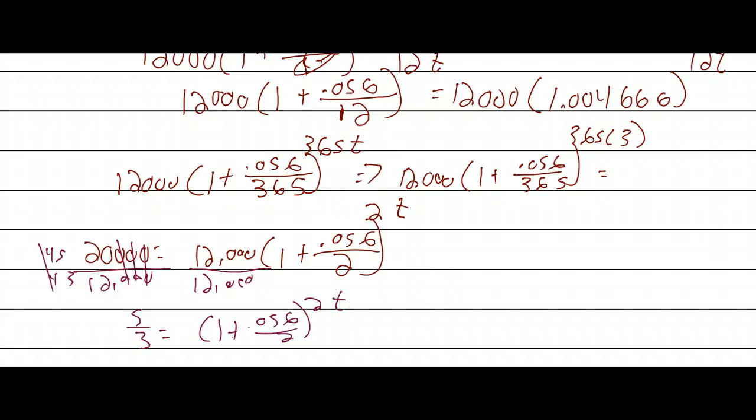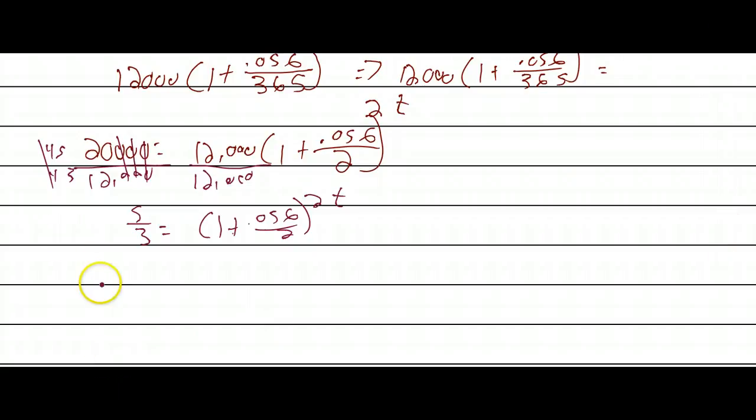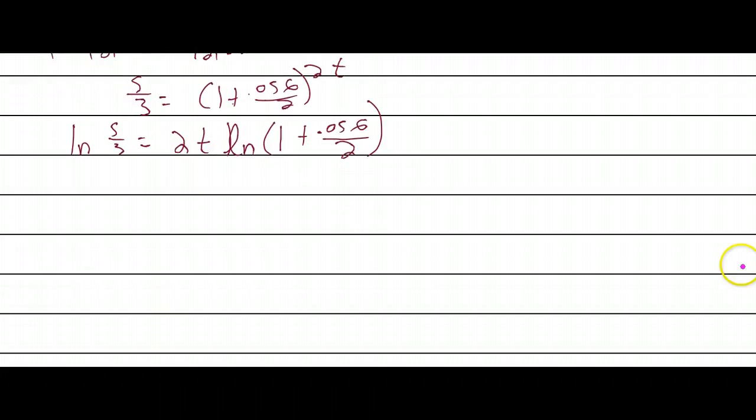Now you take the natural log of both sides. So you have the natural log of 5/3 equal to 2t times the natural log of 1 plus 0.056 over 2. Remember, this is just a number. So you have 2t in this, and you want to divide everything by 2 times the natural log of 1 plus 0.056 over 2.